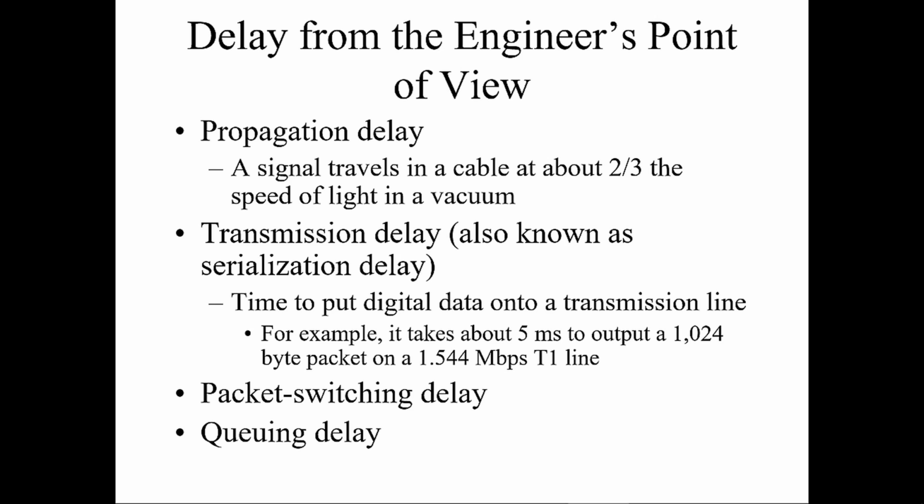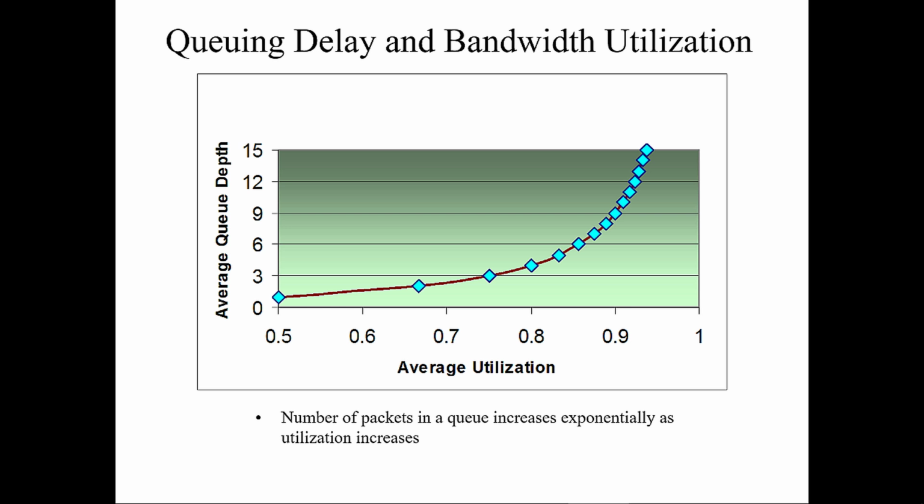For example, it takes about 5 milliseconds to output a 1024 byte packet onto a T1 line. Other forms of delay from the engineer's point of view could be packet switching delay or even queuing delay. So, queuing delay and bandwidth utilization: as the average utilization goes up, so does the average queue depth.